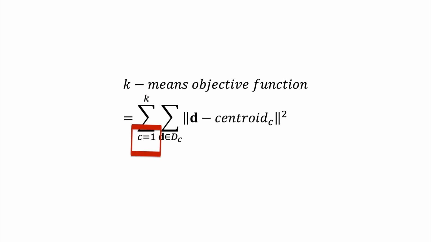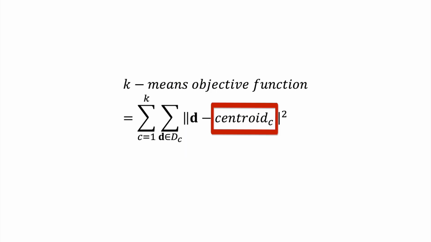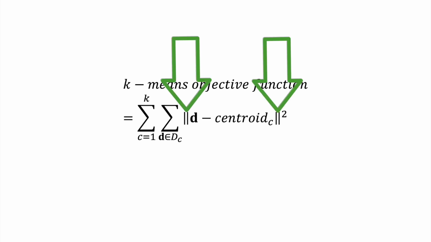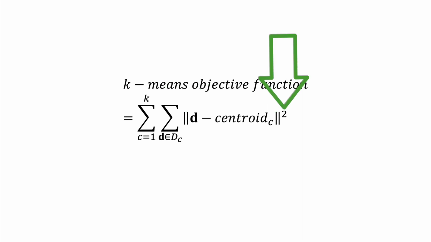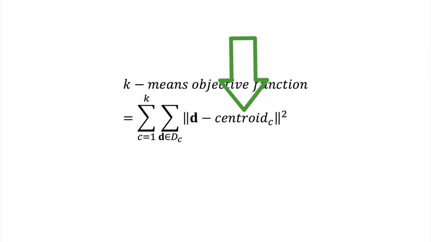C varies from 1 to k. D is a data point or a vector in cluster C. Centroid C is the center of cluster C. These double bars indicate Euclidean distance. The square indicates that we are taking the square of the distance between a data point and a centroid.